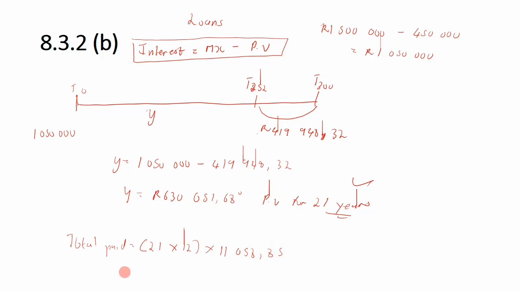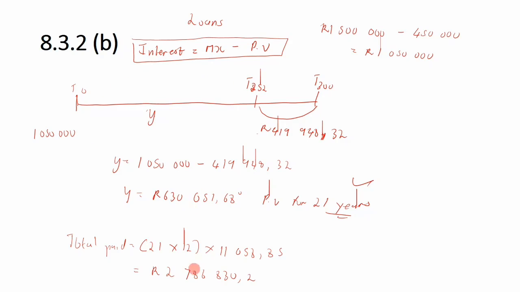Now, if we multiply all this, we get that the value is 2,786,830.2. Right. Because remember the amount here is calculated with interest. Now when he pays over the 21 years, he would have paid 2,786,830.2.